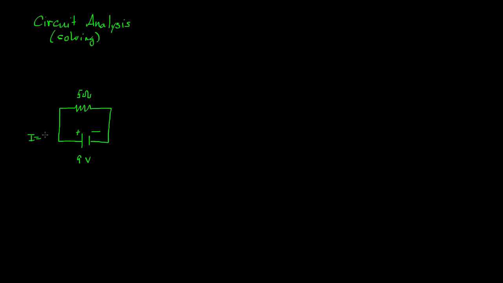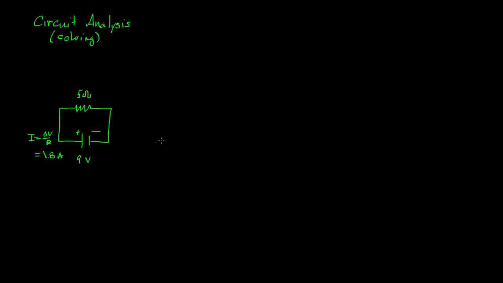So the current would be delta V over R, so 9 fifths. In decimal, 9 divided by 5 is 1.8. So we get a current of 1.8 amps.